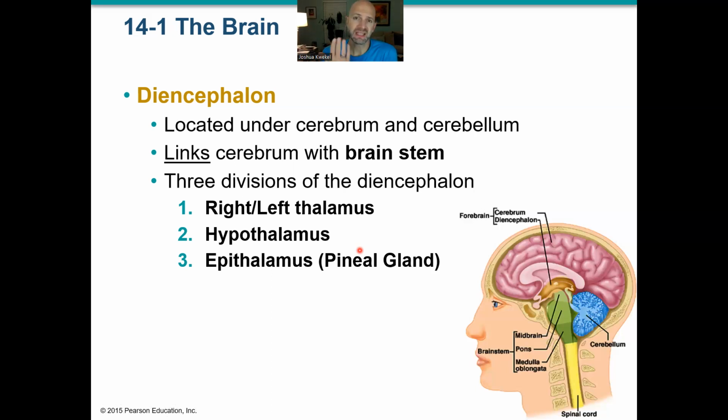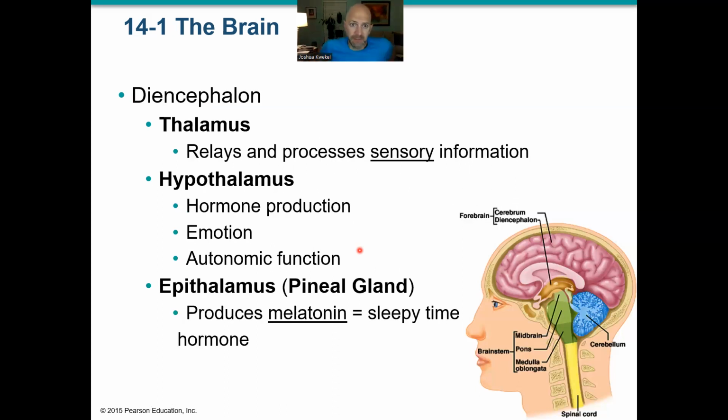It is released in the evening, and when it is released, it helps our body prepare for sleep. If you have trouble sleeping, you might take melatonin pills, because it's a natural hormone that helps our brain kind of shut down and get ready. All right, so here's some of that information here.